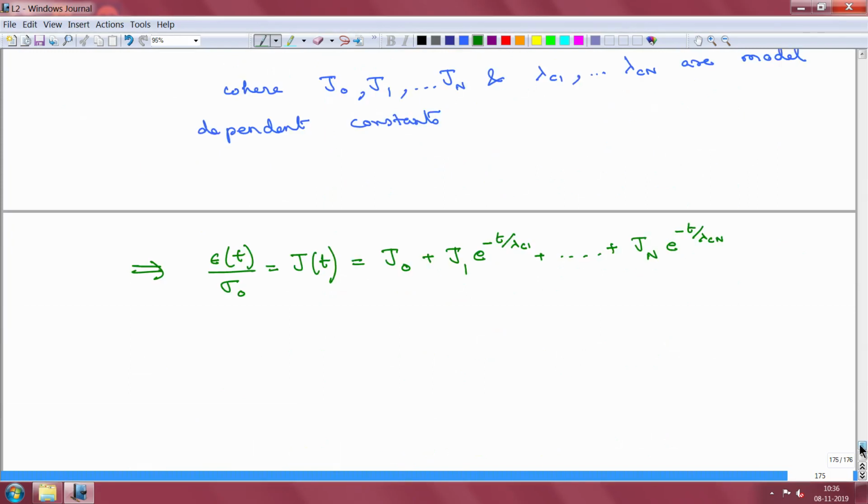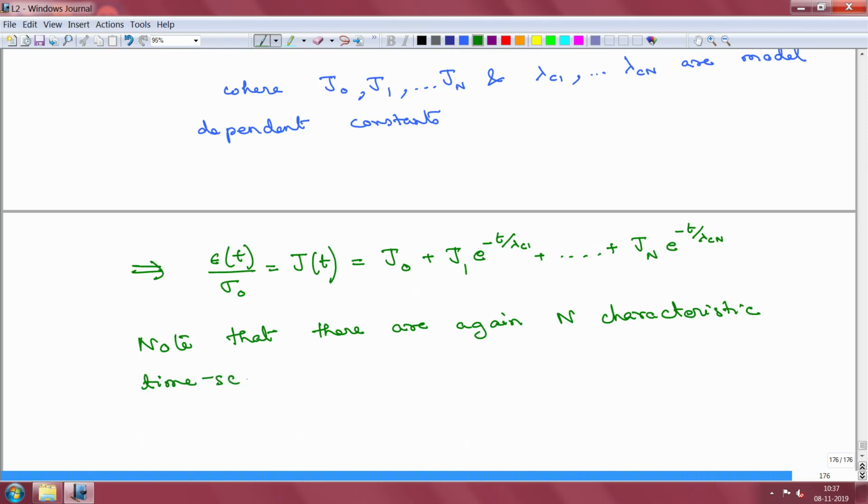Note that there are again n characteristic time scales in the system, and these time scales are not the same as the ones we had for the stress relaxation function.